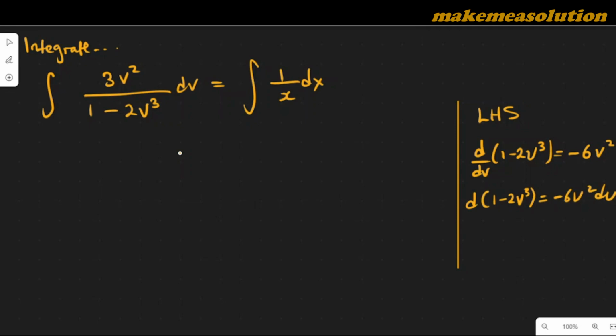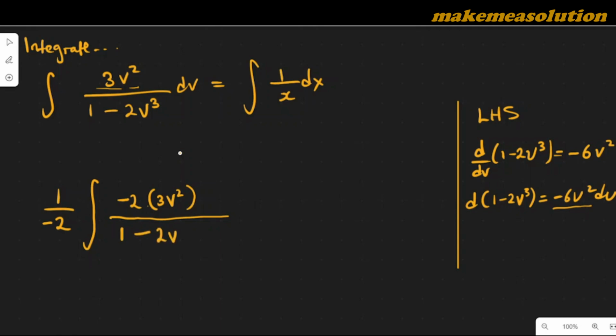So is there a way I can make the numerator of this fraction minus 6v squared dv? Yes, of course. All I need to do is multiply it by minus 2. Okay, 3v squared. If I multiply it by minus 2, I'll have to divide again by minus 2 because minus 2 was not there initially. So take notes. Whatever you're multiplying, make sure you provide a countermeasure to reverse the effect.